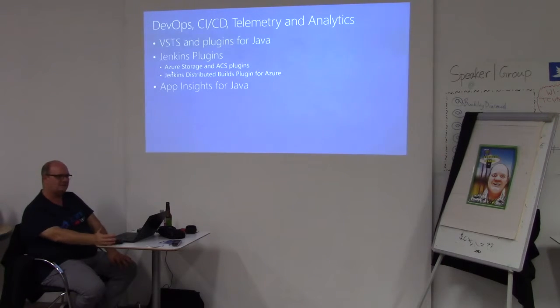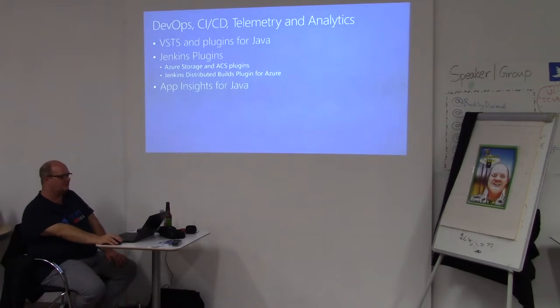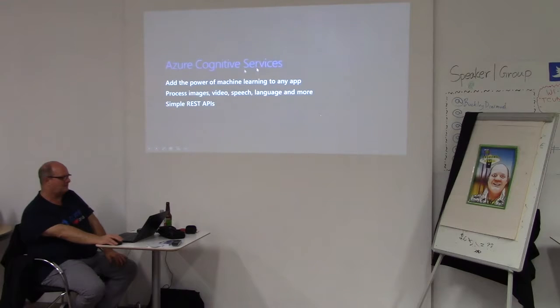So you can deploy things from Jenkins to Azure Storage and Azure Container Service. And we also have distributed builds plugins. So if you have a master process that calls distributed processes in Jenkins, you can use Azure VMs as those distributed processes. You can create them through templates, and you can shut them down or put them to sleep when you're not using them, depending on what you want to do.